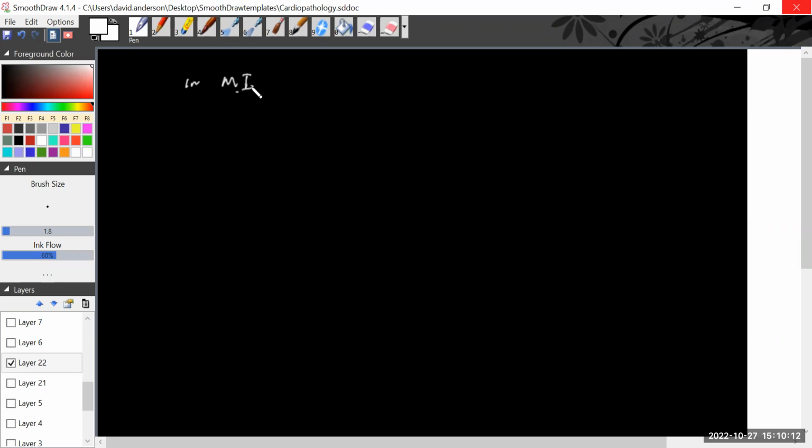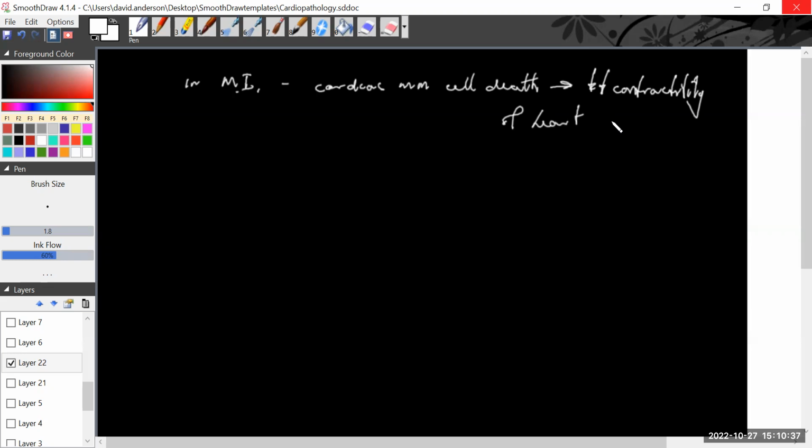So if I use this abbreviation MI, we know we're talking about myocardial infarction. Cardiac muscle cell death. And that means that we're going to have decreased contractility of the heart wall, the myocardium.